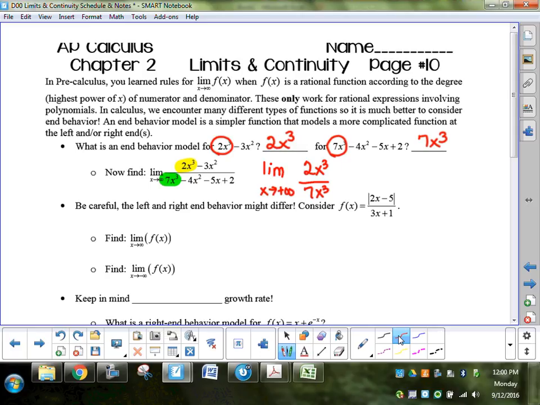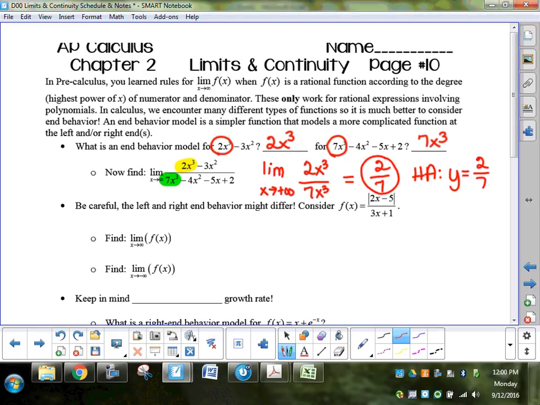Looking at this, what do we know about the growth rate of this expression? What's it going to level off to as we go out over time? 2/7, because this is 2 times a number cubed over 7 times a number cubed. What reduces out of this expression entirely? The x cubed, so that leaves you with 2 over 7. You're going to have a horizontal asymptote of y equals 2 over 7.